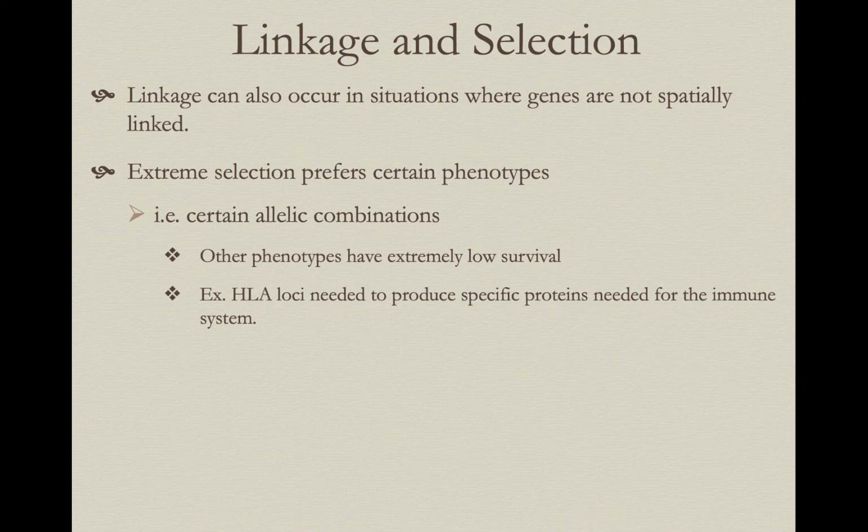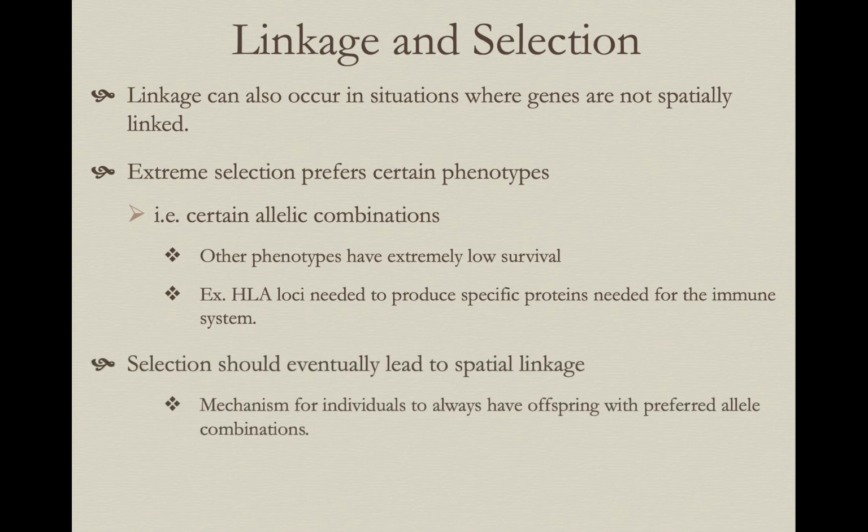One potential example of that are the HLA loci that are associated with the production of a better immune system. There can be such selection for specific allelic combinations that those are preserved despite the fact that crossing over does produce intermediates occasionally that are just being weeded out by natural selection.